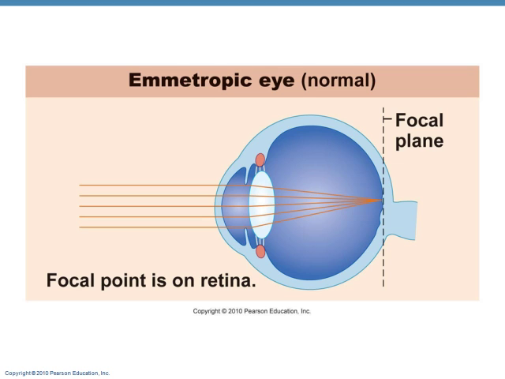Both your eyes are going to sort of hone in on something when you look at it in order to visualize it clearly. So all of these things have to be in order for you to see something clearly, to get that light to the point it needs to get, just the way it should be. And again, that's the focal plane or the focal point.